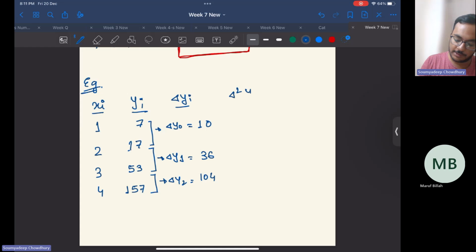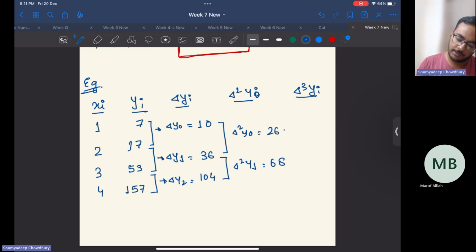Similarly, we find del square y naught, which is 26, and del square y1, which is 68. And del cube y naught is the difference between these two, which is 42.